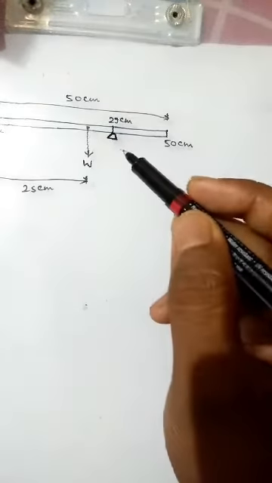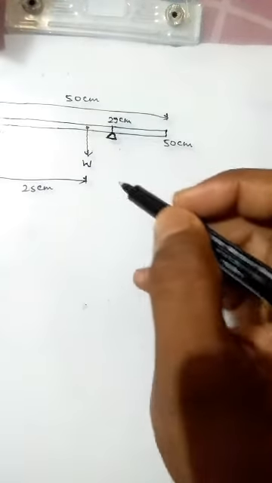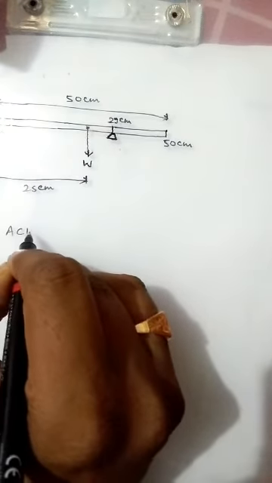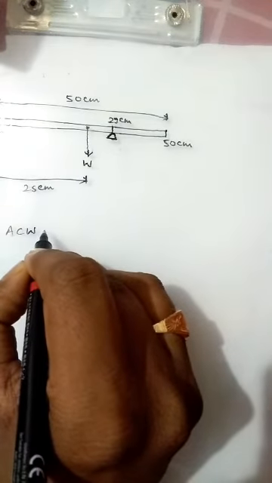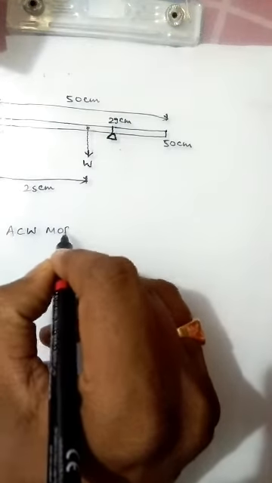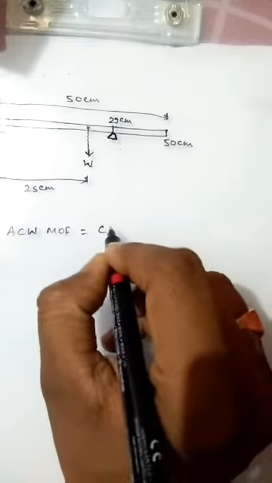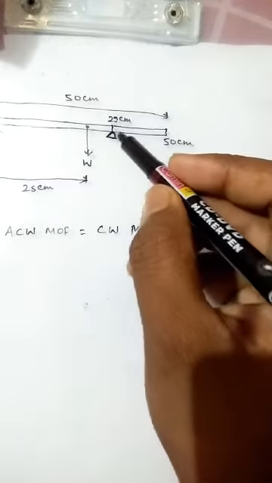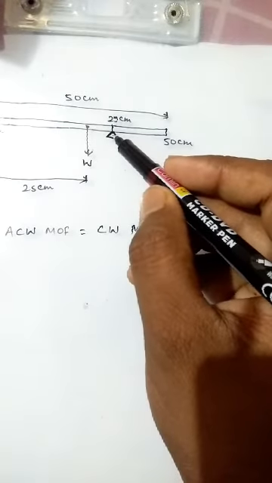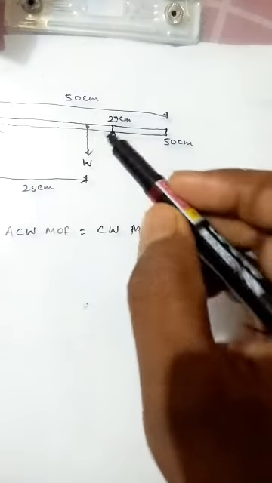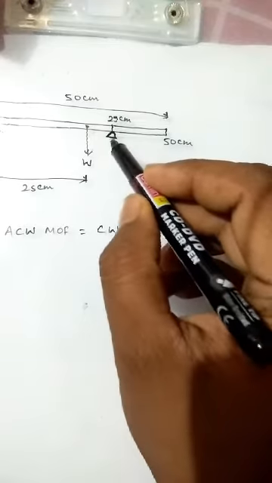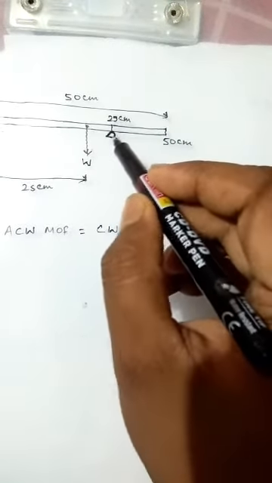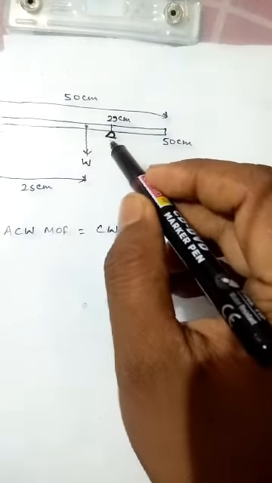For equilibrium condition, as we know, anti-clockwise moment of force will be equal to clockwise moment of force. The moment of force is always calculated about the pivoted end. In this question, the pivoted end is 29 centimeter.